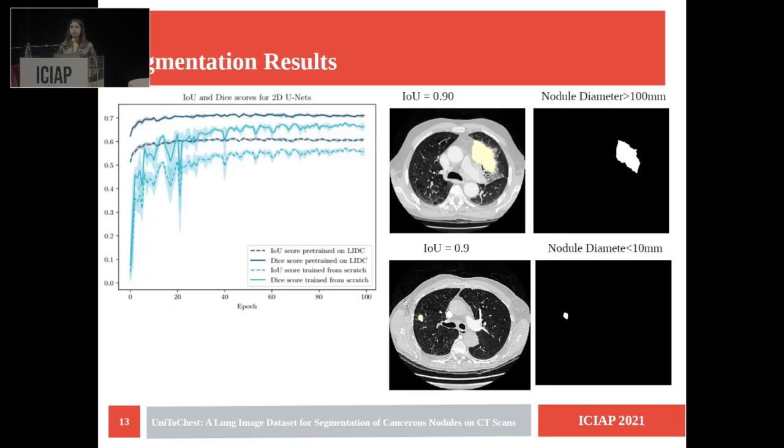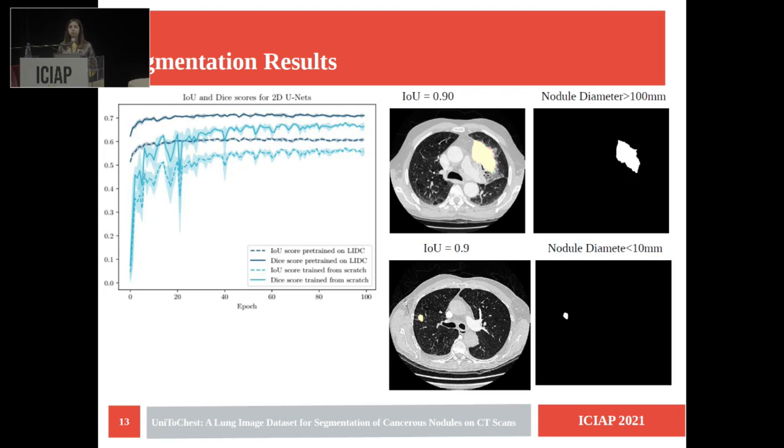Coming towards the segmentation results, we have used intersection over union, dice loss, and binary cross entropy loss as the measure of performance. The UNet that was built from scratch and trained on our dataset achieved a dice score of 69%, whereas the UNet that was pre-trained on LIDC and then on our network achieved a dice score of 72%.